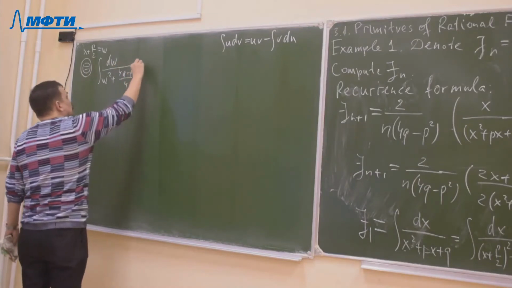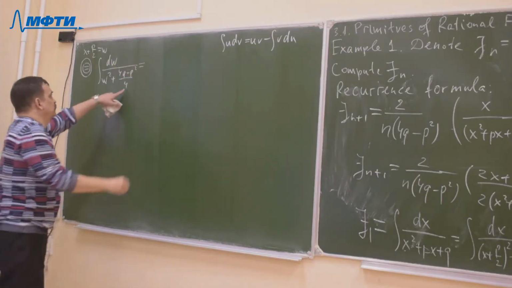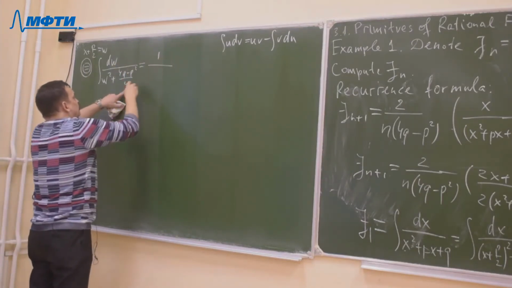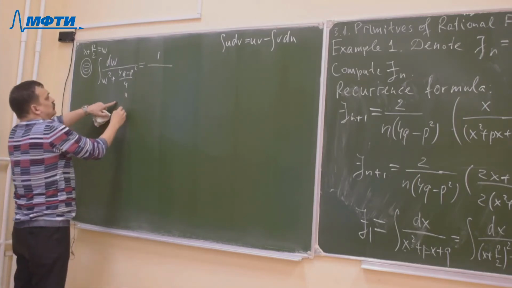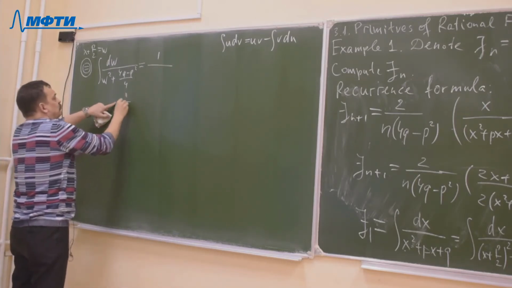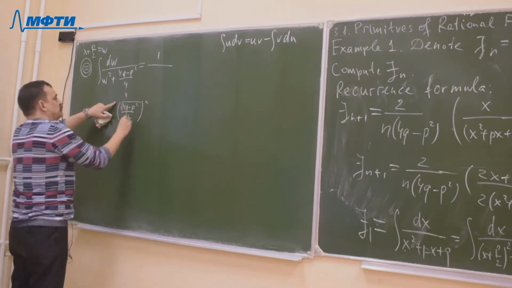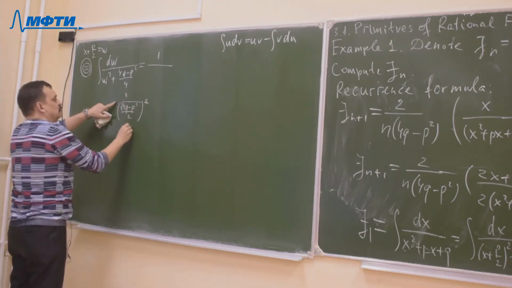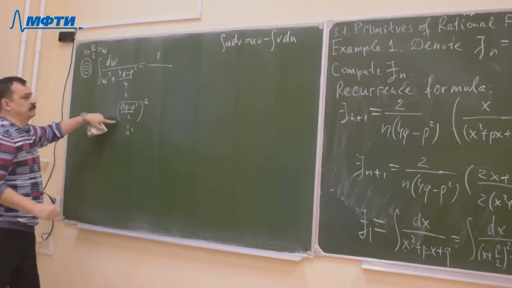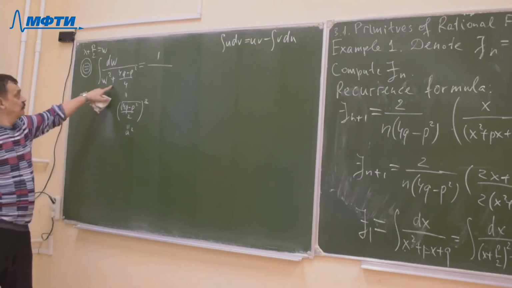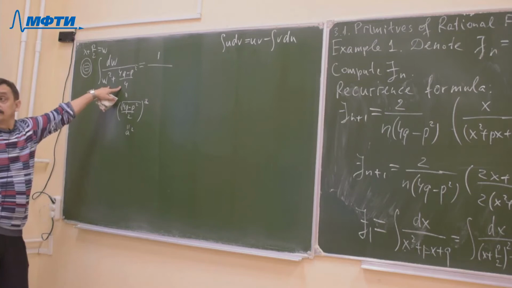So we can write it as 1 over square root of (4q minus p squared) over 2, squared, so a squared, right? So we have a table integral, I don't remember the number, of course, some number with prime.